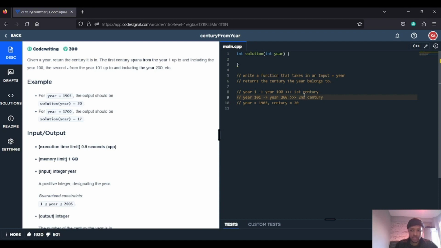So in this case now, year 1905 belongs to the 20th century. How can this be achieved? We can achieve this by looking at the same sequence that we have observed here.